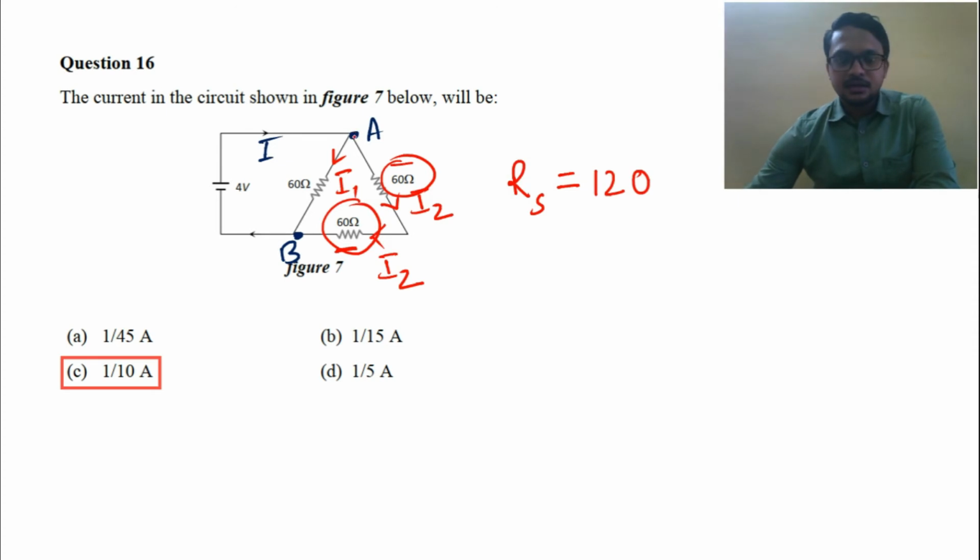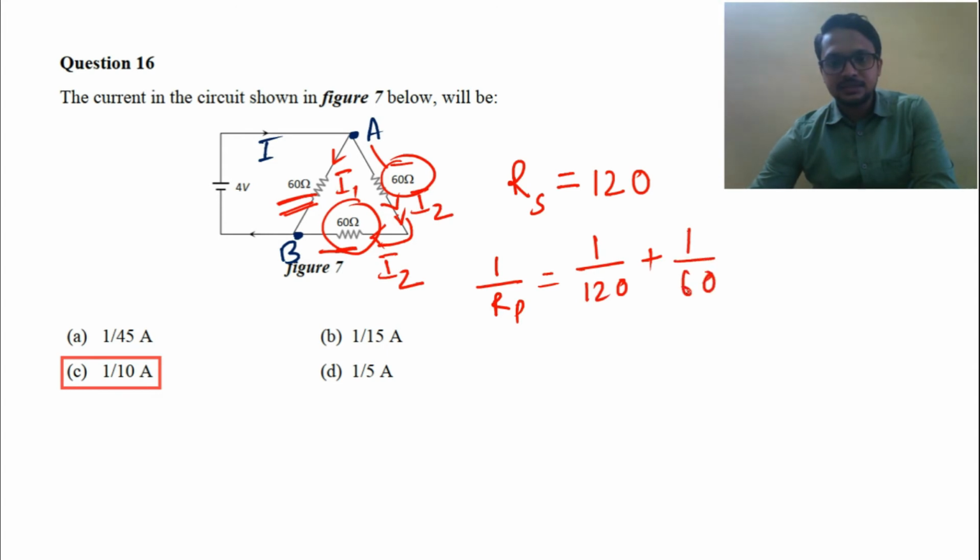Now current got divided in this path, A to B direct path, this one and this path. That means this 60 ohm is in parallel with this combination. So finally 1 by Rp equal to 1 by 120 plus 1 by 60.